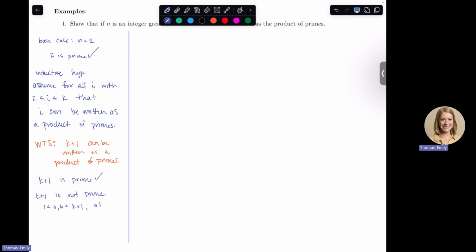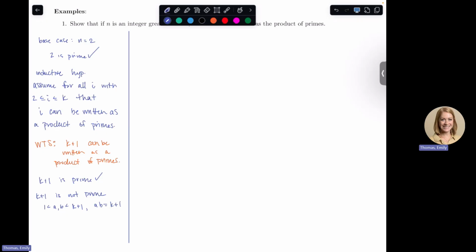such that a times b is k plus 1. But this means that a and b are greater than or equal to 2 and less than or equal to k, because these inequalities are strict. These strict inequalities mean you can scooch to the next integer and it becomes inclusive.